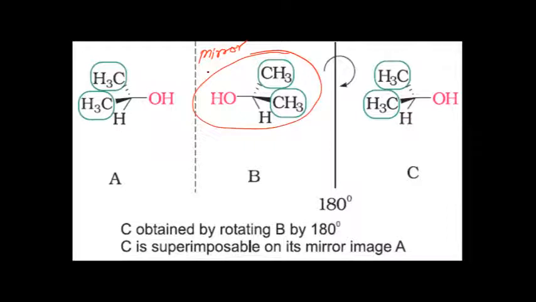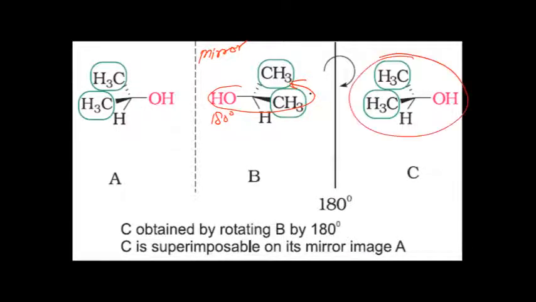And as I said, to superimpose, you can rotate it. You can rotate the mirror image horizontally, vertically, upside down, whatever. If it is superimposable, we will say that it is superimposable after rotating. So say you rotated it horizontally 180 degrees.